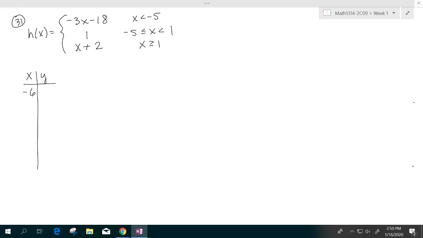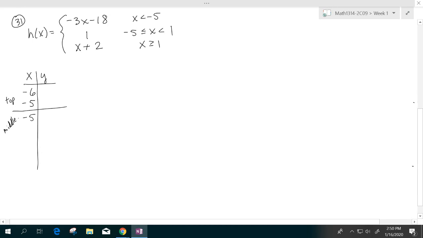And is -5 a transition point? So -5 is going to have to be used in the top piece. That also means that -5 is also going to have to be used in the middle piece. Do y'all see why?